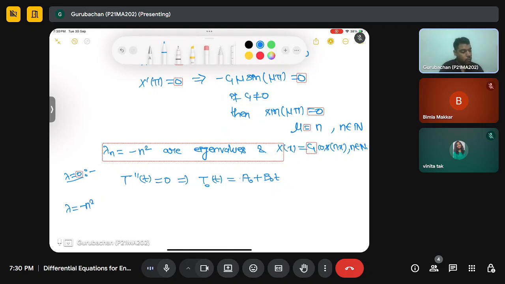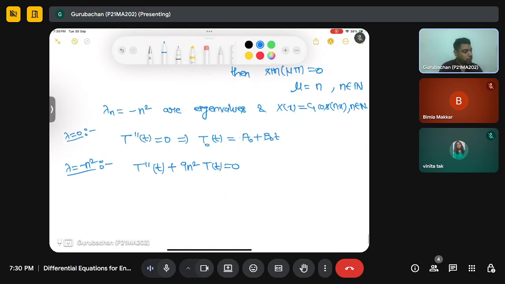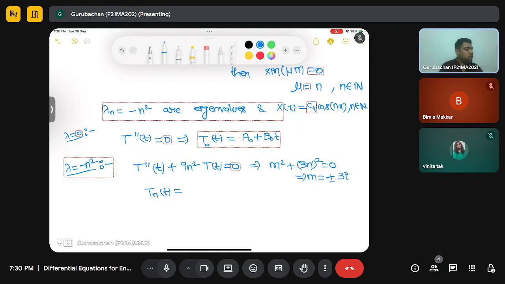When lambda equal to minus n square, then your T double dash t will become plus 9n square T of t equal to 0, and from here your auxiliary equation will give you m square plus 9n square equal to 0, that is m equal to plus minus 3 iota n.